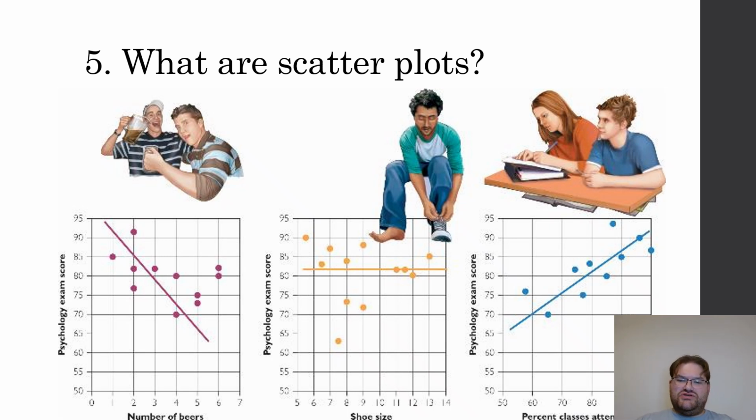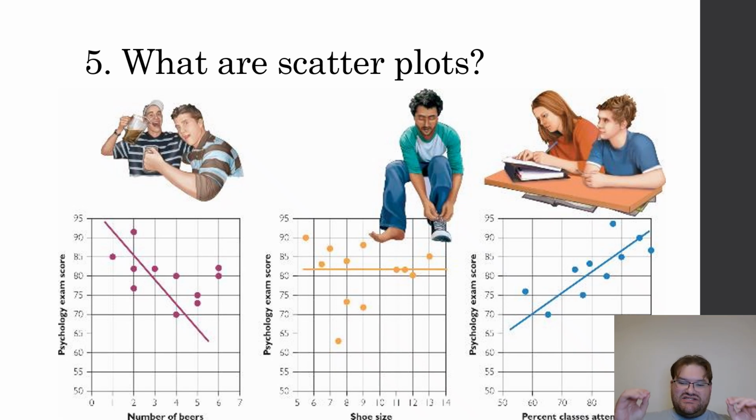The final picture on the right is a scatter plot showing, again, each dot is a student's score, and in this case, also percent of class attendance. So on the vertical line, we have the psychology exam scores. On the horizontal line, we have the percent of classes attended. And what you can see here is that there is a positive relationship.